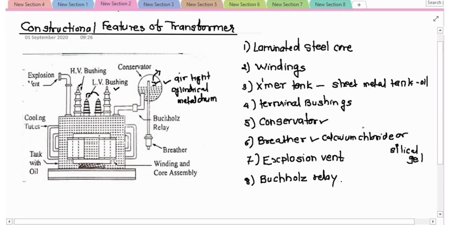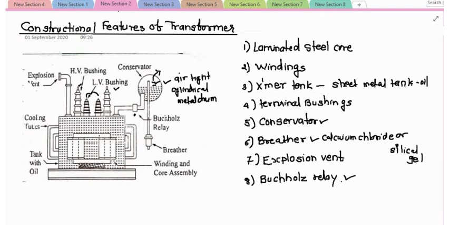Then the next component is, before going to the explosion vent, I will explain the Buchholz relay, because the Buchholz relay is placed in the pipe connecting the transformer tank and the conservator. The Buchholz relay is a protective device mounted in the pipeline connecting the main tank to the conservator. So this one is your Buchholz relay. Due to excessive heat developed during a fault condition, the oil in the tank in the vicinity of the fault point gets decomposed and different types of gases are liberated from it.